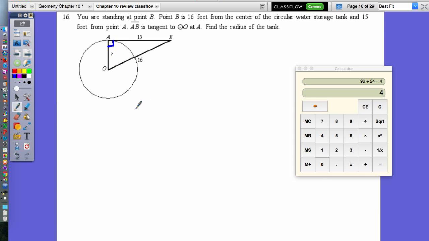Okay? So R squared plus 15 squared equals this whole is 16. So 15 squared equals, let me put the R squared here.